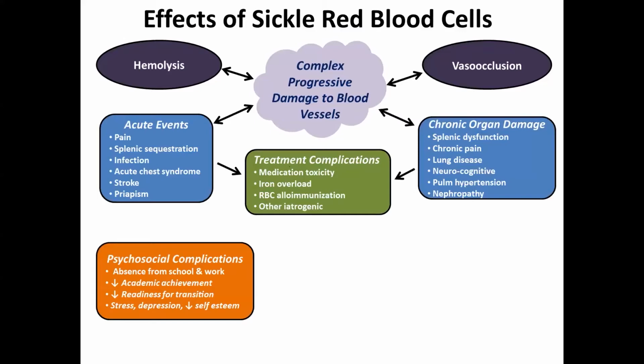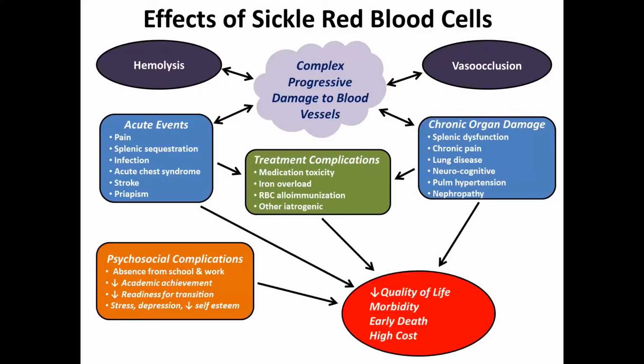For children, decreased academic achievement, decreased readiness to transition to adult life, and of course, like all chronic illnesses, lots of stress, depression, and a negative impact on self-esteem, and all of that ends up decreasing the quality of life, causing lots of morbidity, and that's the medical term for pain and complications, a shortened survival and early death, and of course high cost.